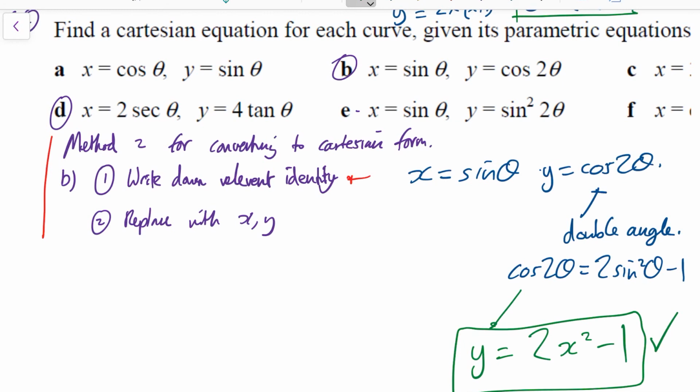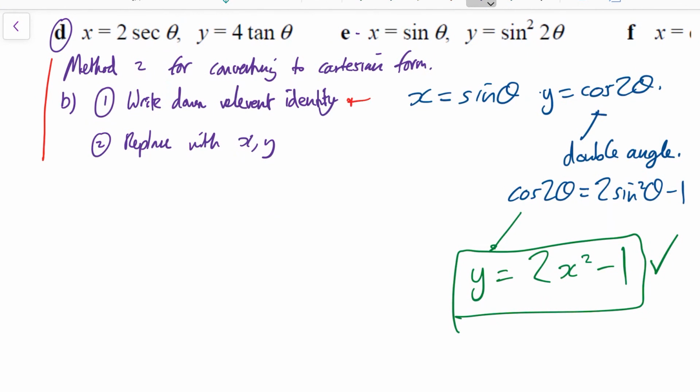Let's have a look at one other example, which is going to be D here, just so you've got another example. Here we've got x equals 2 sec theta and y equals 4 tan theta. So what is the most relevant identity for this one?